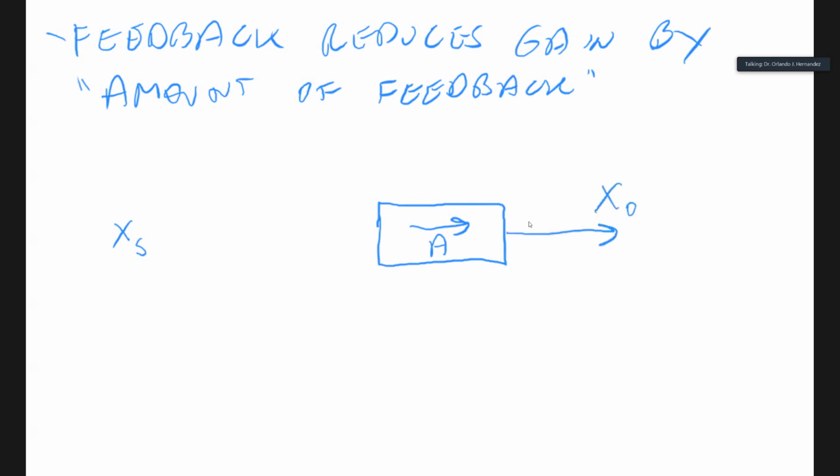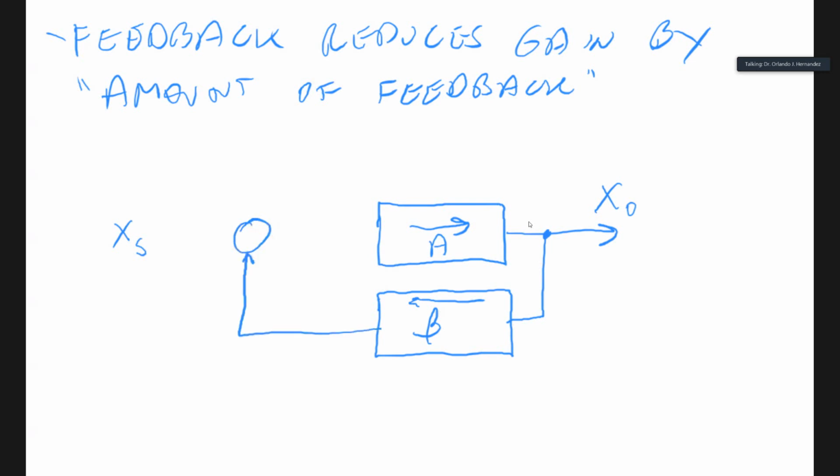Now we're going to sample the output and process that through a feedback network going back towards the input, and we're going to couple that processed sampling of the output with the input, and that's going to be our feedback signal.